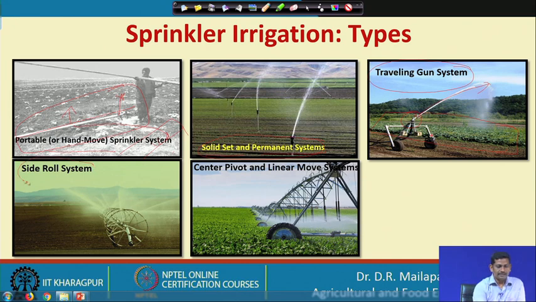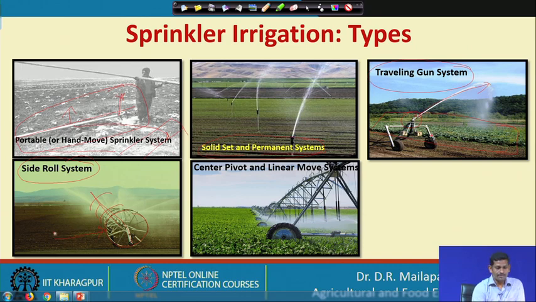And the side roll system. The sprinkler lateral is mounted so that it acts like an axle to a number of wheels. This entire thing is going to roll from one place to another.